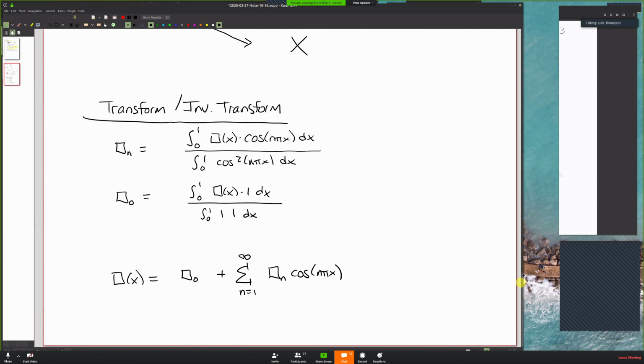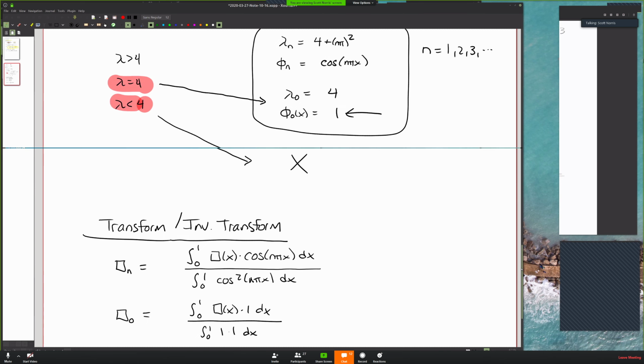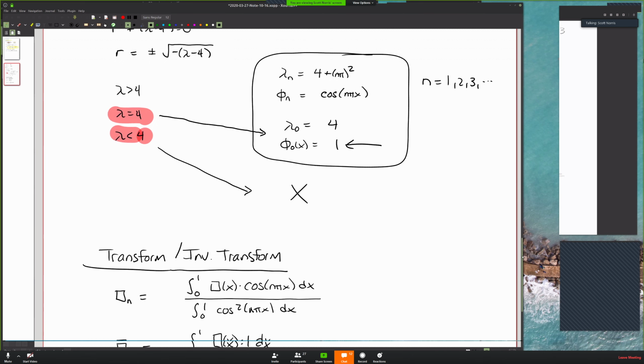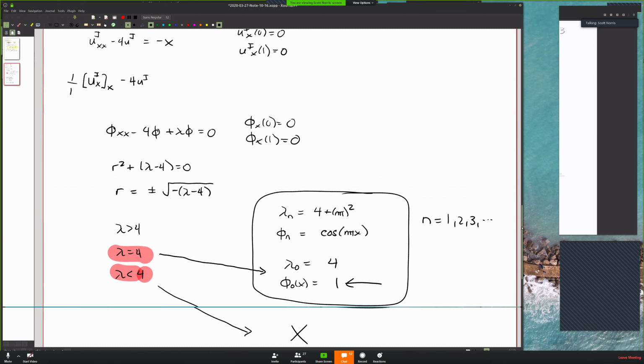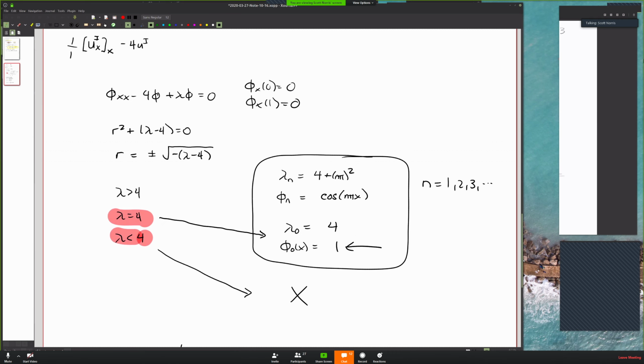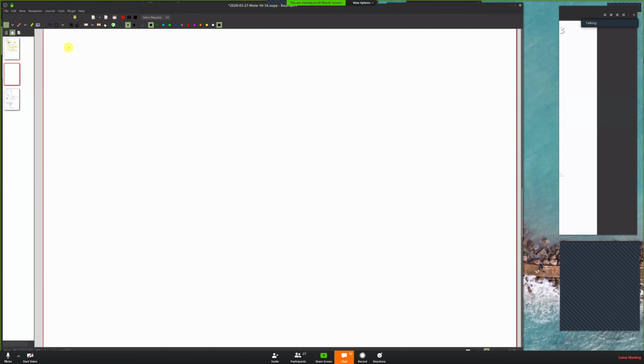Is box x in this case just x, right? It can be any function, right? So we can take the transform of x. And when we do that, what we'll be doing is solving for the transform of u, right? Yeah. So let me start a new page here. When we take the transform, again, we have to do that in 2 parts.